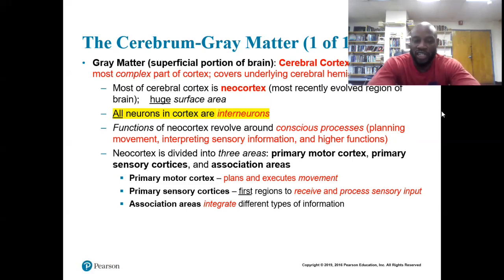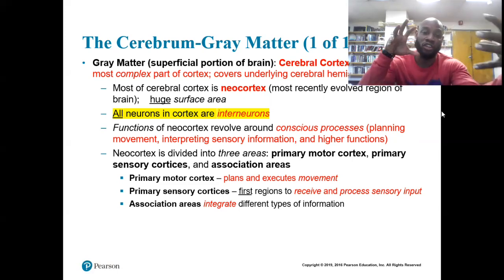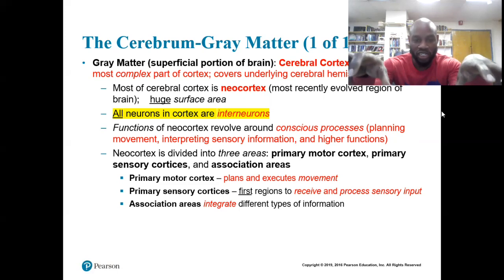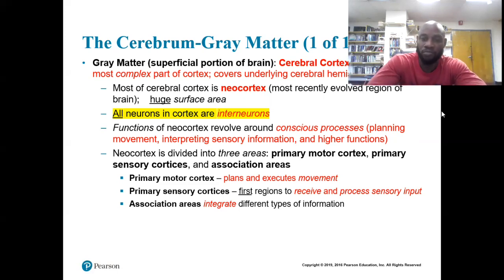The neocortex, now we've already divided the cerebrum into lobes and hemispheres, but we also divide the neocortex into three areas: primary motor cortex, primary sensory cortices, and then association areas, right?